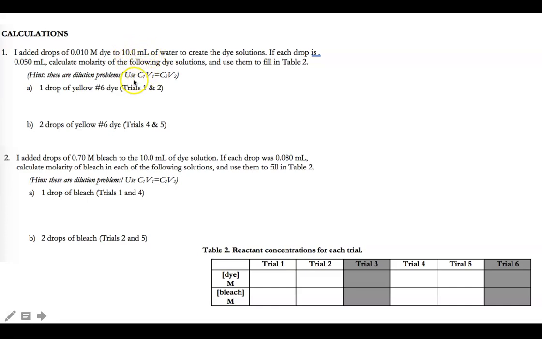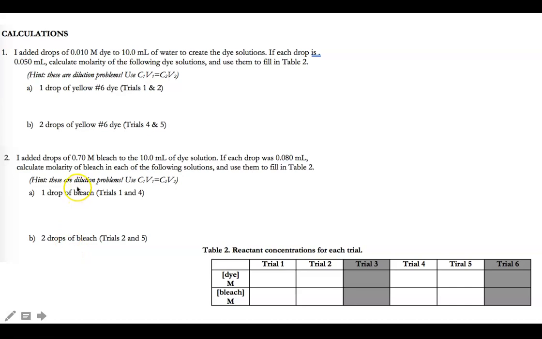So just a reminder from last semester, you're using the dilution equation, which is C1 times V1 equals C2 times V2. So you'll calculate what the concentration was in trials 1 and 2 when I used 1 drop of yellow dye, and the concentration in trials 4 and 5 when I used 2 drops of yellow dye. You'll do the same thing for the bleach.